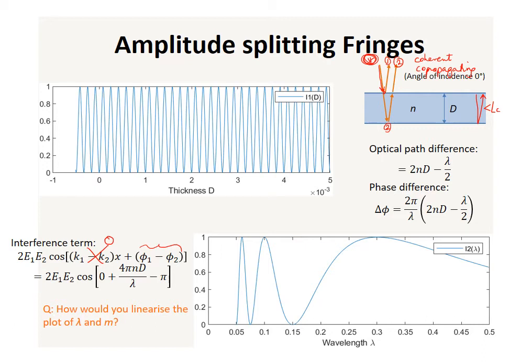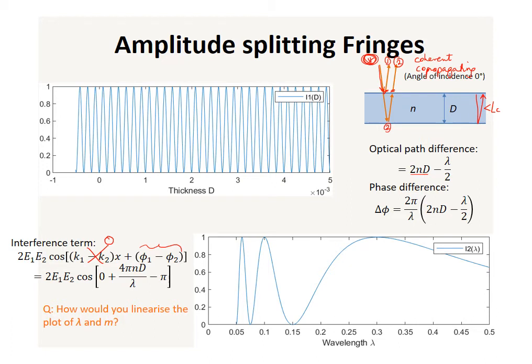The optical path difference is what we're going to use to work out what those phase differences work out to be. Ray 2 travels a distance of 2d in a refractive medium of n, so the distance it travels, or its optical path difference, is 2nd. Now ray 1, on the other hand, hasn't travelled any distance. Remember, we're only considering what happens when they interfere just above this surface.